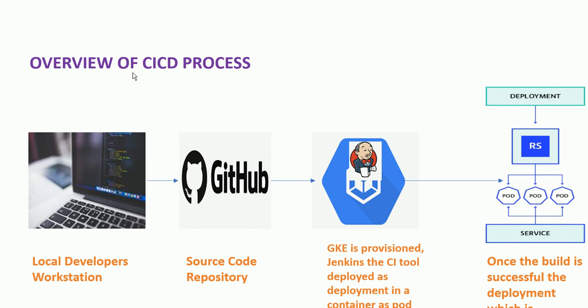I would deploy Jenkins as a CI tool, which keeps polling my GitHub repository. If it finds any new build, it will automatically pull it and build it, and deploy it into my Kubernetes pods as a replica set. It can be exposed as a service through which a user can log in and access the application. So this is the overview of the CI/CD process.